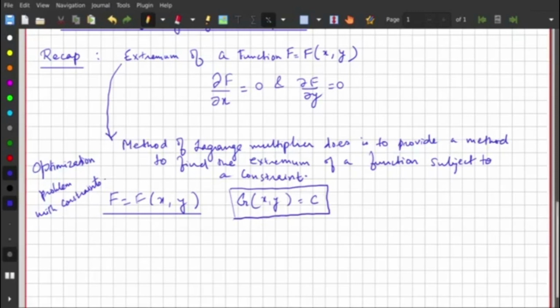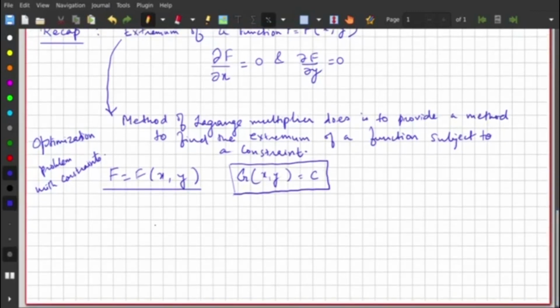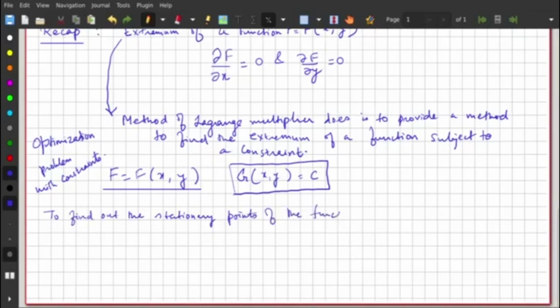So let's see what this method is all about, and we will generalize this idea. Let's say we want to maximize or minimize. To find the stationary points of the function f, which is f of x y, we do df.